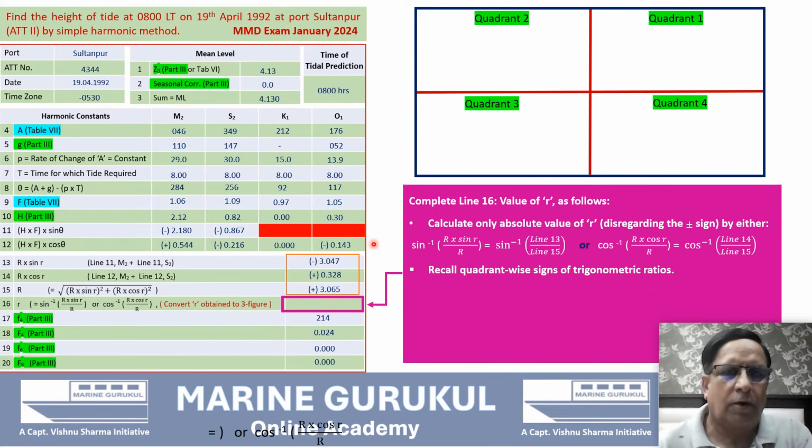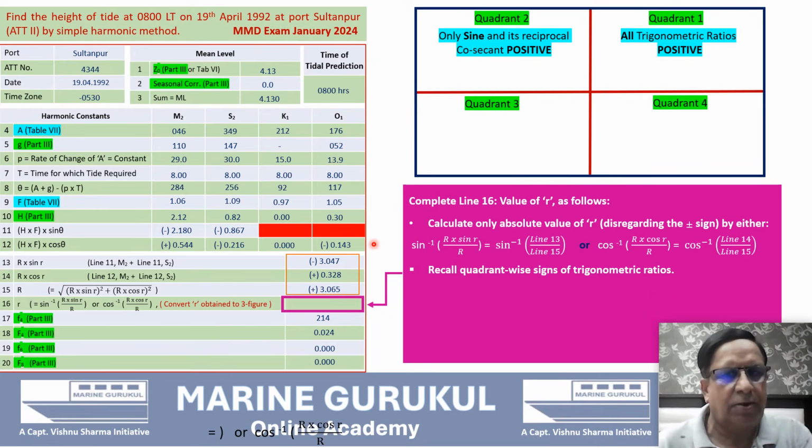From school, what we have learned is in quadrant 1, all the trigonometric ratios are positive. In quadrant number 2, sine only is positive and of course its reciprocal cosecant. So sine and cosecant are only positive, rest all are negative in quadrant 2.